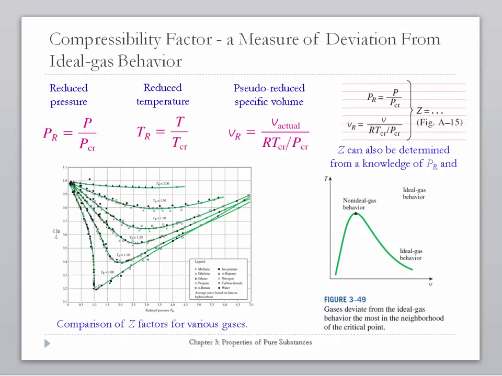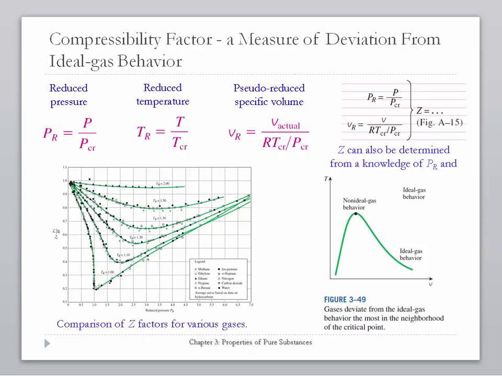So to actually obtain the value of the compressibility factor, we use table 3.47. This table uses a reduced pressure and a reduced temperature as part of the data. The reduced value is simply the value of the quantity that you're using divided by its critical counterpart.